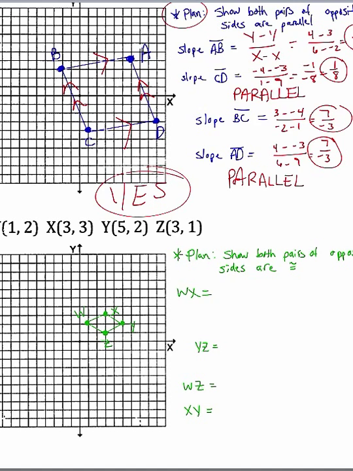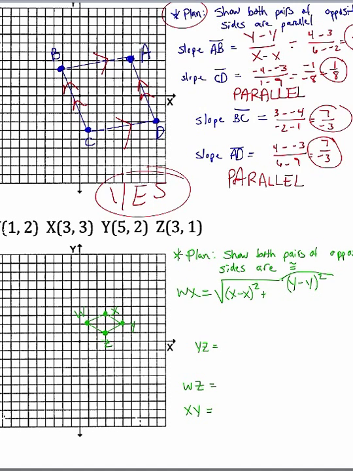For example, if I wanted to find the distance of WX, I could use the distance formula, which says it's the square root of the x minus the x squared plus the y minus the y squared, and the square root goes over all of that.